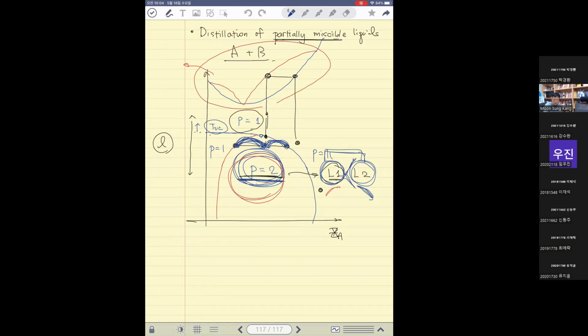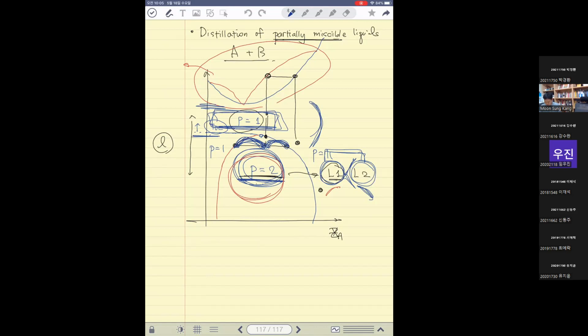But this was the case where you had a range of temperature where a single phase of liquid mixture could exist.